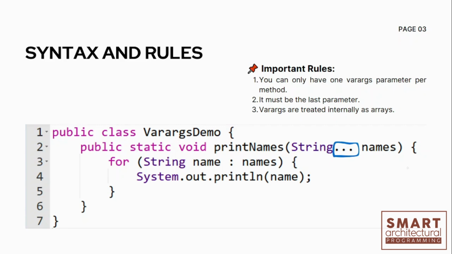And Varargs are treated internally as arrays, basically. So when you put in a value in a Vararg, always treat it like an array has been pushed into your method as a variable. You need to process the vararg parameter the way you would process arrays before you run it through the logic you want to execute on those parameters, like names.